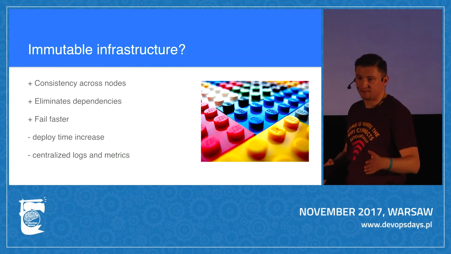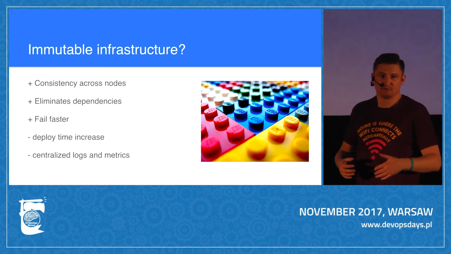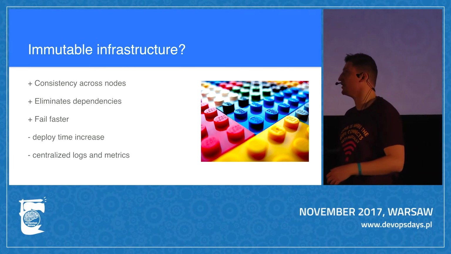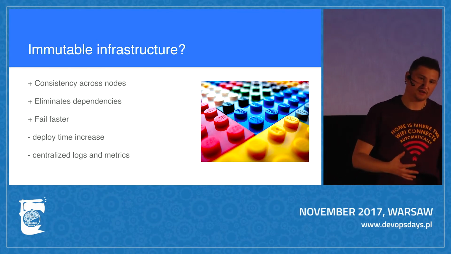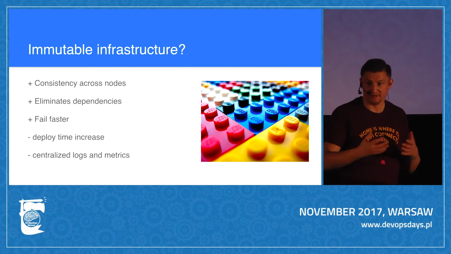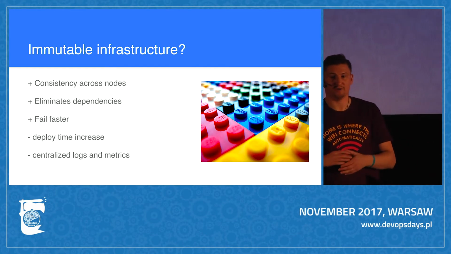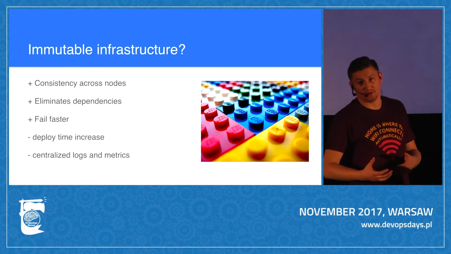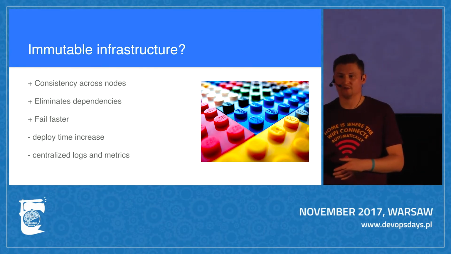The difference is that in mutable infrastructure you are making in-place updates, whereas in immutable you are just replacing the whole part of your infrastructure, usually some instance, some compute, with a completely new version. Like in AWS, you will build a completely new image and run it from the new image.